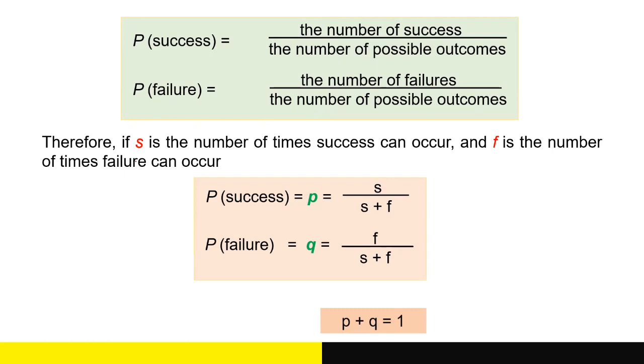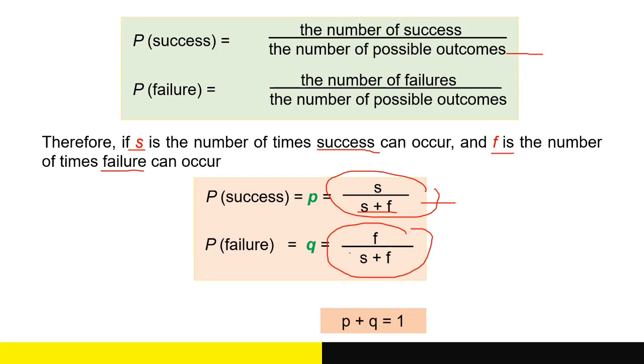Therefore, if s is the number of times success can occur, and f is the number of times failure can occur, then we can generate these equations: the probability of success, p, is equal to s divided by s plus f, where s plus f is the number of possible outcomes, and the probability of failure, q, is equal to f divided by s plus f.